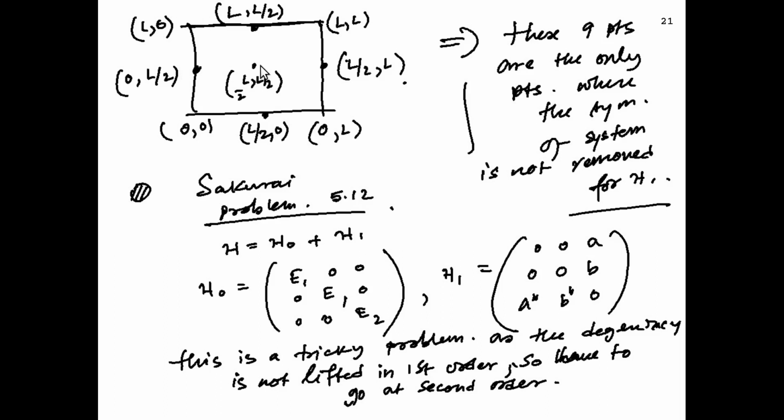At these 9 points, first order perturbation theory does not lift the degeneracy. Why? Some of these points are just symmetric. For example, the center has the same symmetry as the square. If you put a perturbation here and rotate it, it becomes exactly the same as the original point. But some of these are accidental. Anyway, there are some points where the degeneracy is not lifted, and you cannot do much about it in first order. That is what these special points are.